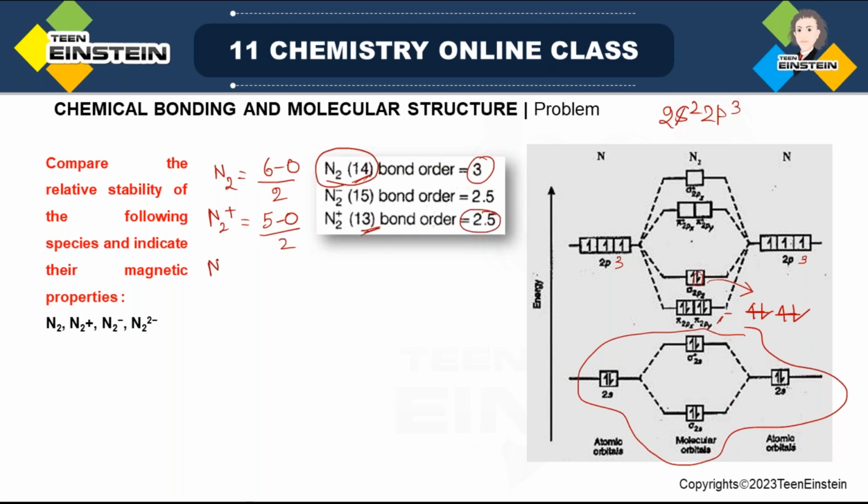When it is N2 minus, single negative, now there is one electron you are adding here. So in this case, it will be 6 minus 1. Now this is also 2.5 for a different reason, but same as the previous species. And when it is 2 negative, now it should be 6 minus 2. Okay.